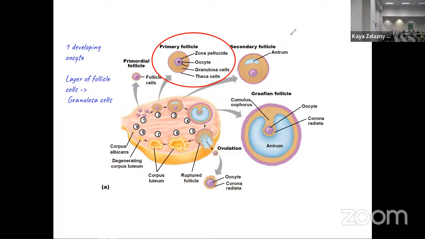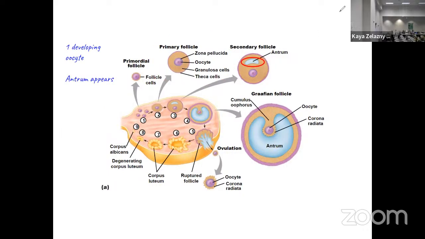Those granulosa cells are going to add on a layer called the zona pellucida surrounding that oocyte, and a layer outside, the theca cells. These would all be involved in producing and receiving hormones. We're going to talk generalizations when we talk about hormonal control, but this is ultimately where receptors are going to be. We're not going to go too far into those details.